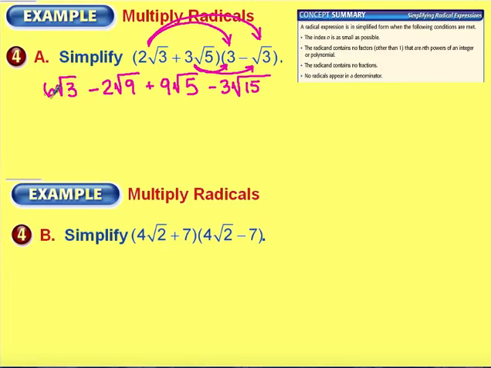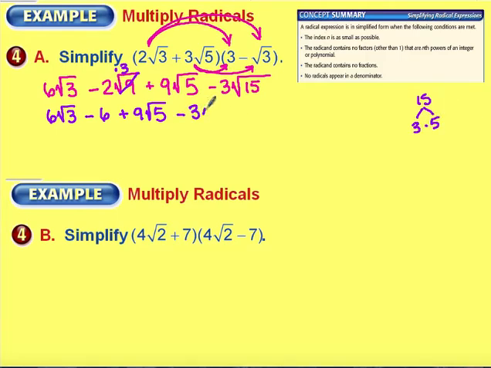Okay, so 6 square roots of 3, nothing can be simplified here. The square root of 9 can turn to a 3, so this becomes negative 2 times 3, or negative 6. The square root of 5 has no square roots in it. If I think about 15 real quick, I get a 3 and a 5 with no square roots.